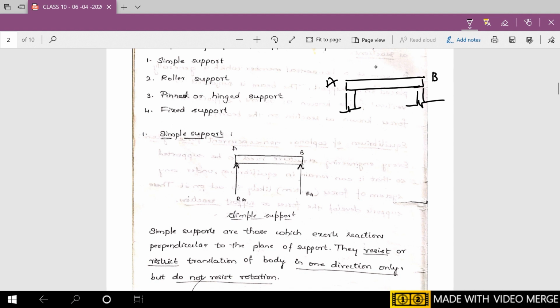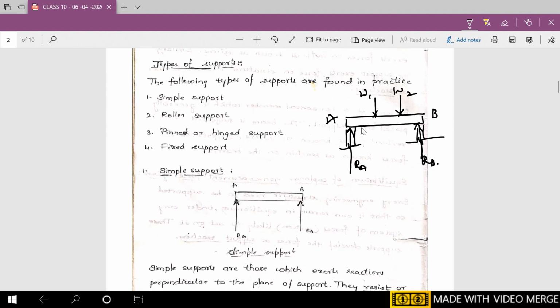Here it is applied with any types of load, let us consider again W1 and W2 like this, and it has simple support given by the column. At point A I'll give a vertical reaction RA, and here I'll give a vertical reaction RB. It is a representation of a simple support.